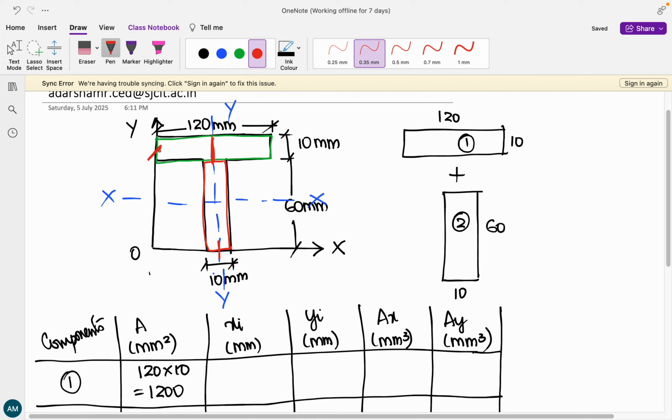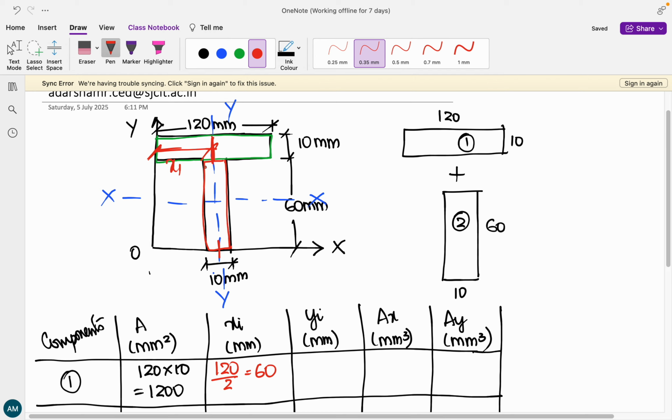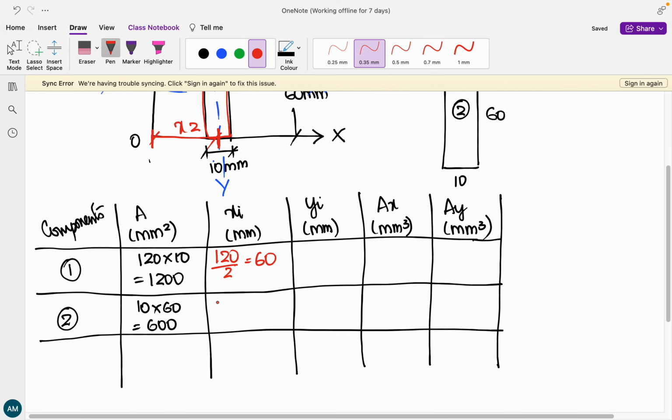The distance from the origin, this is your x1, is b divided by 2, that is 120 divided by 2, so this is 60. For the second component, this is x2, again 60, because your y-axis is the symmetrical axis, hence it is again breadth divided by 2, 120 divided by 2, 60.